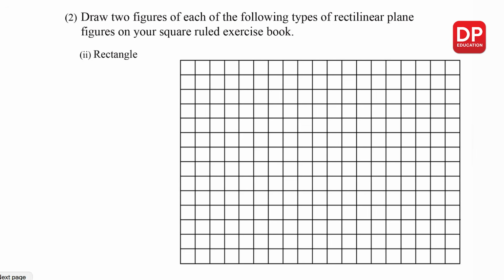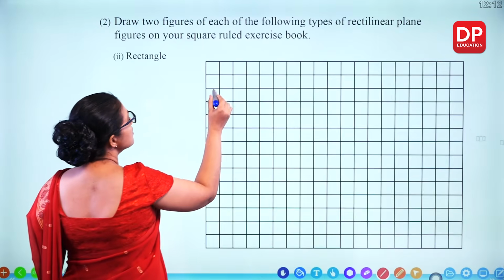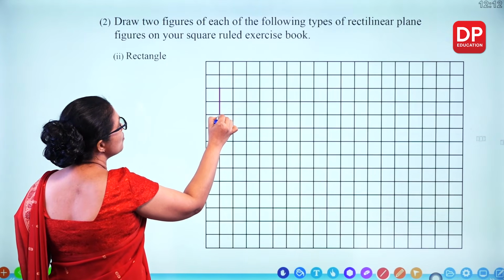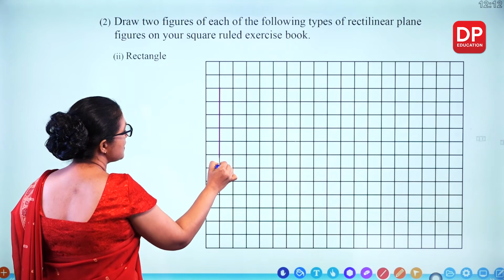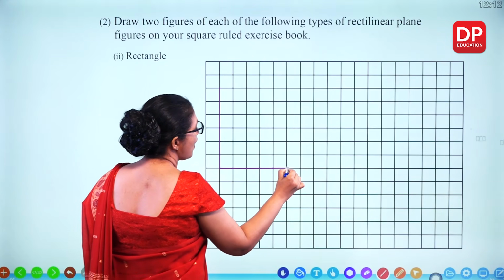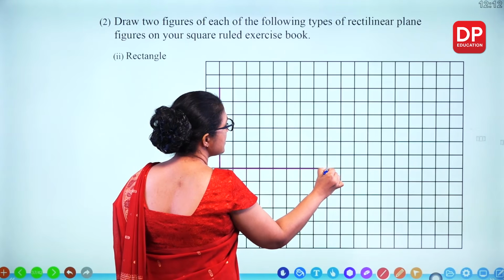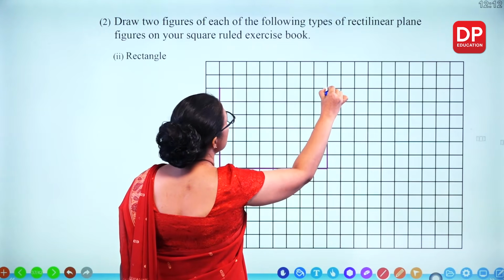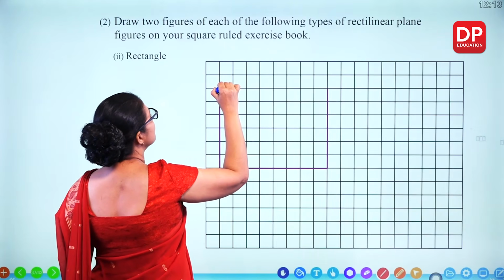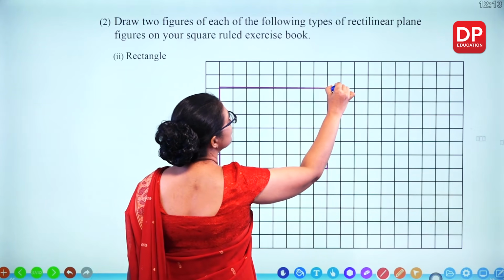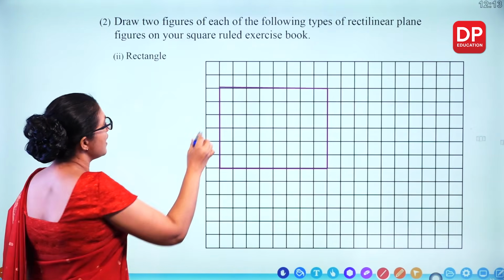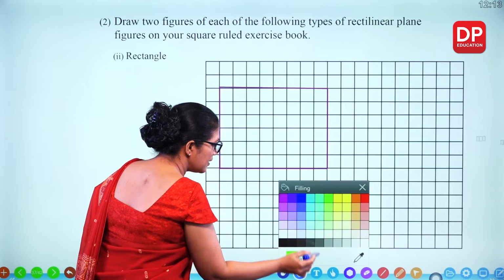2 rectangles. So we'll take 1, 2, 3, 4, 5, 6, 7, 8. 8 and 6. So this is a rectangle. So I'll color it.